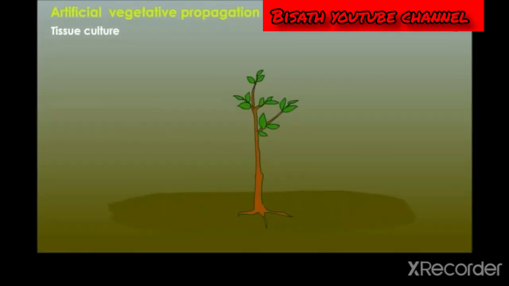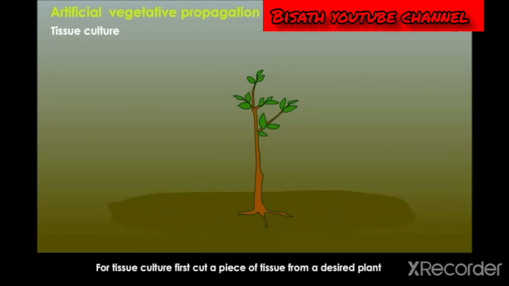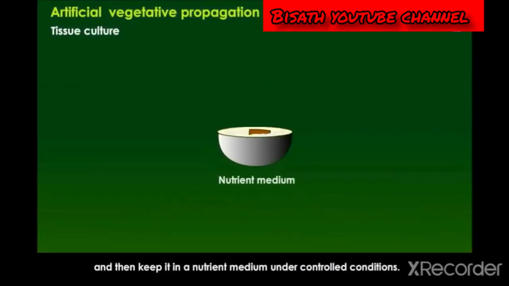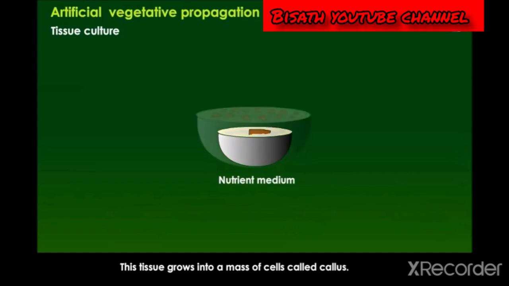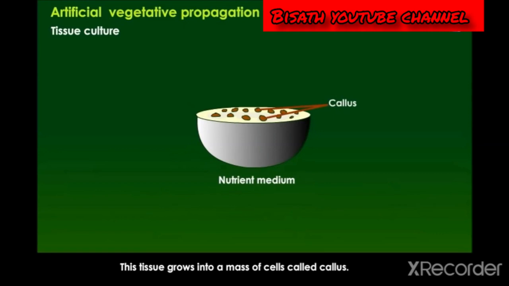Tissue culture. It is a modern method of vegetative propagation. Let us understand the steps in this process. For tissue culture, first cut a piece of tissue from a desired plant and then keep it in a nutrient medium under controlled conditions. This tissue grows into a mass of cells called callus.